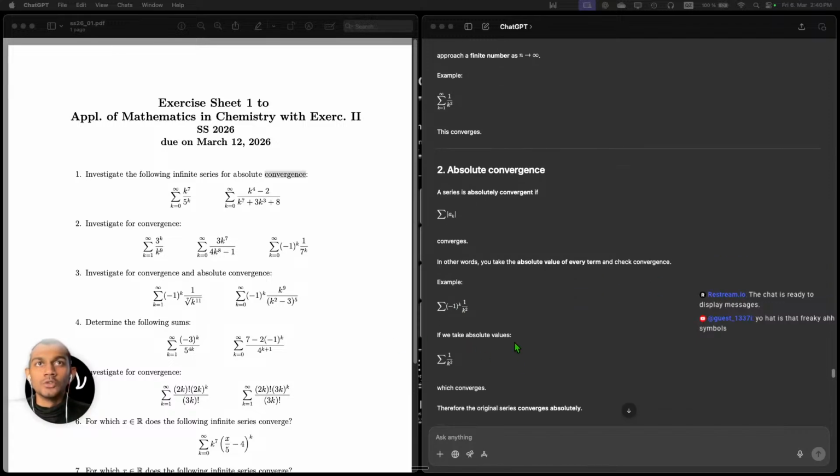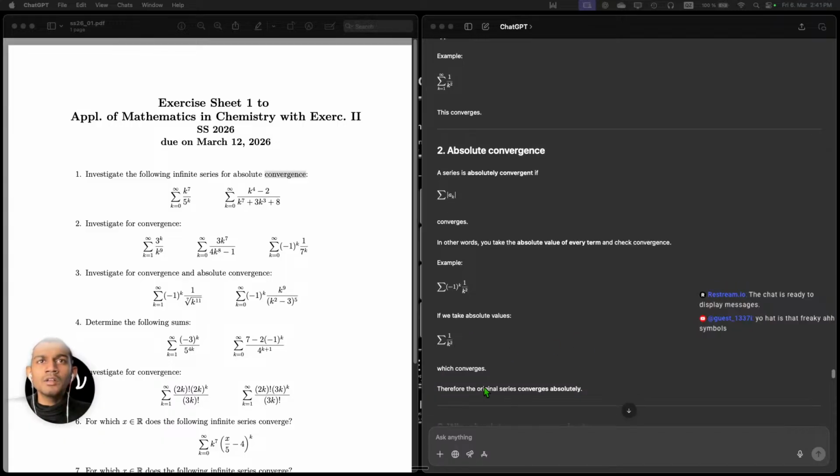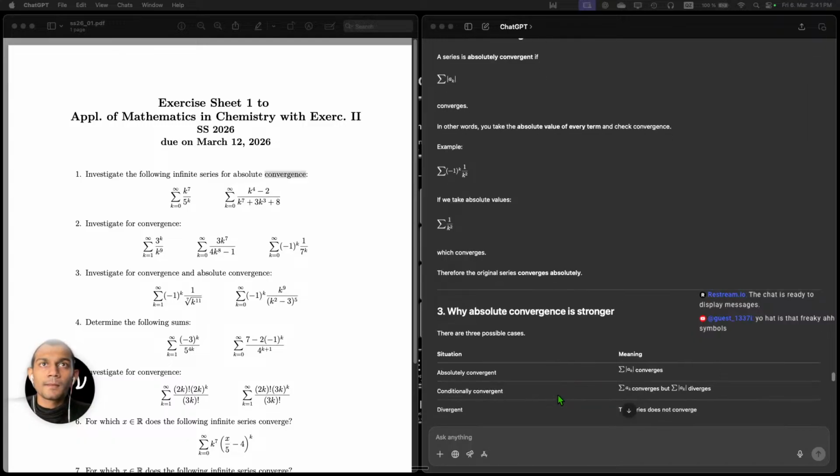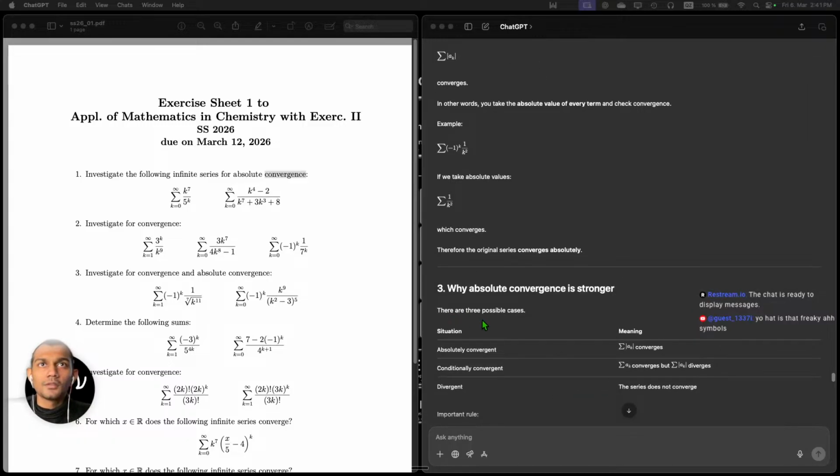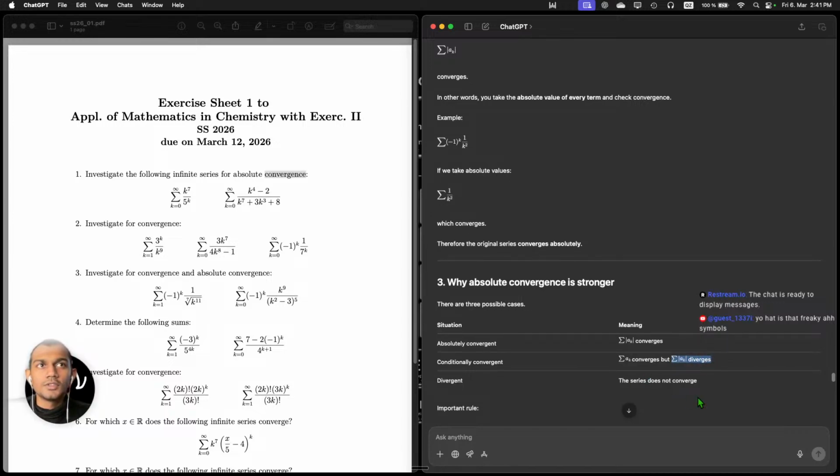We take absolute values. There are three possible cases. Absolutely convergent converges; conditionally convergent converges, but when you take the absolute value, it diverges. A divergent series does not converge.